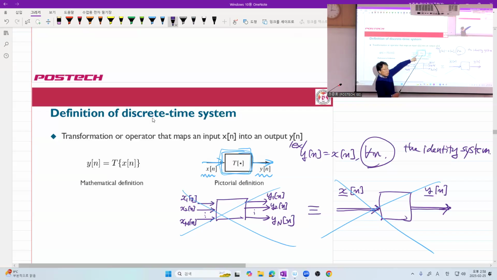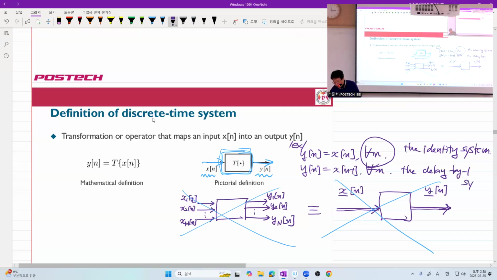And this mapping rule T may be different, like the output is a delayed version by unit time. Of course, we may introduce twice the unit delay, 3 times, and even we mathematically advance it.